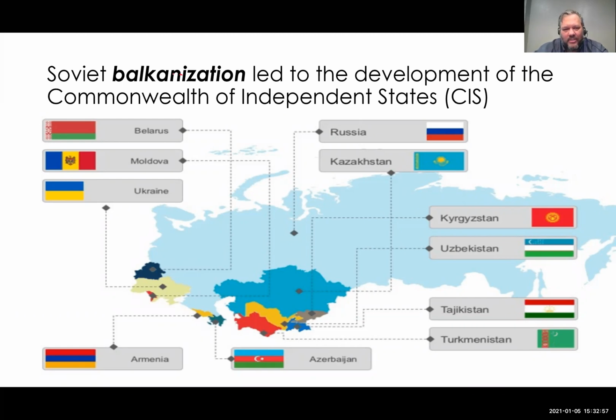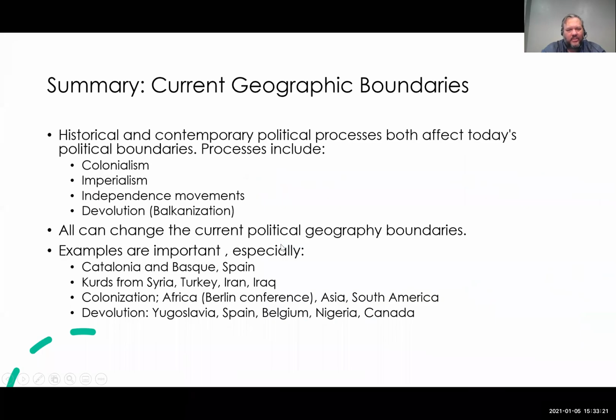And so again, this is the balkanization of the Soviet Union. And so in light blue back here, the really huge one, this is Russia. And then you have all of these other countries, now states, that were part of the Soviet Union, but because of devolution, the breakup of the Soviet Union, they became their own independent states. Alrighty, so that's the other example.